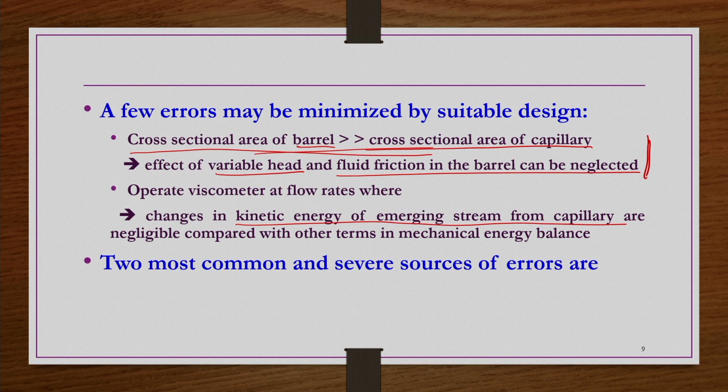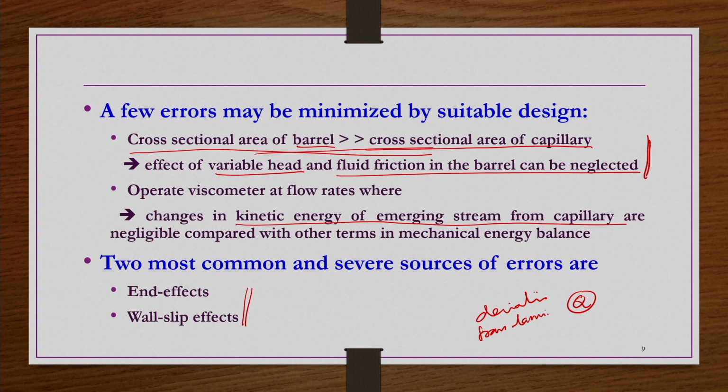What are the things that have not been taken care of? End effects we cannot avoid, we have to do some corrections. Slip effects we cannot avoid, we have to do some corrections. And in addition to this, the so-called deviation from laminar flow.